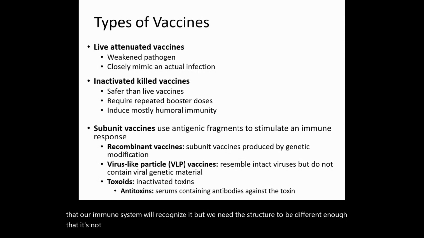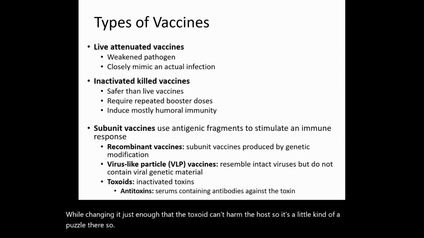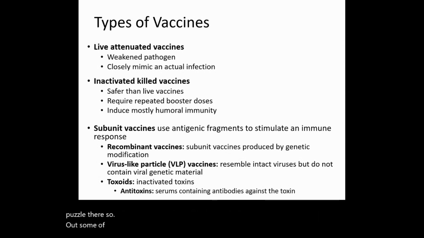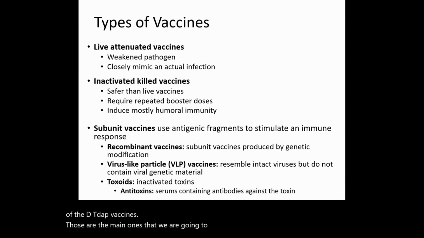Okay, so there's a lot that goes into producing this to maintain the overall 3D shape while changing it just enough that the toxoid can't harm the host. So it's kind of a puzzle there. Some of the toxoid vaccines that are used are diphtheria and tetanus, which are both part of the DTaP vaccines. Those are the main ones that we are going to be talking about.